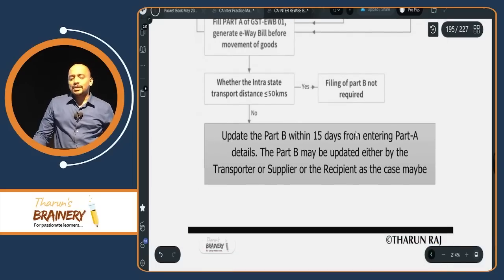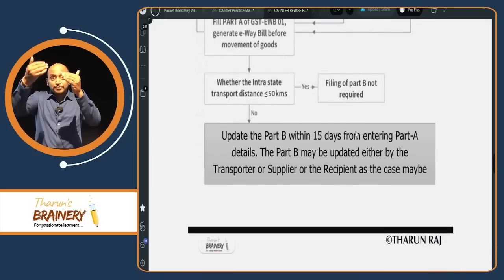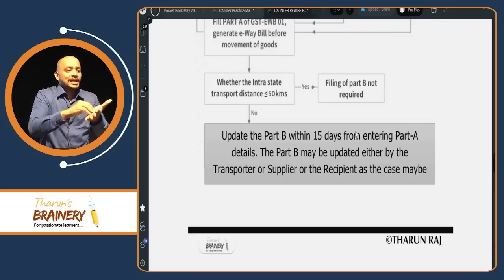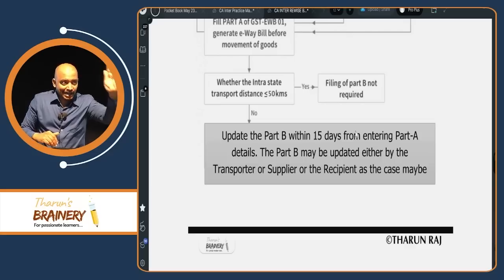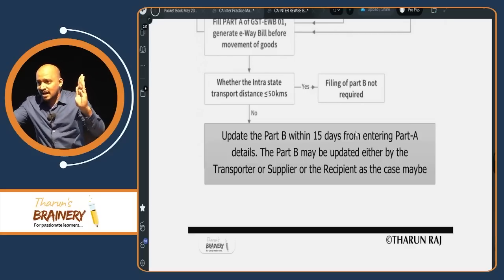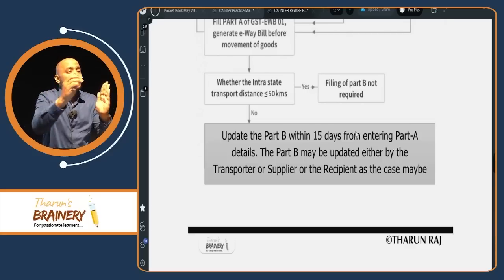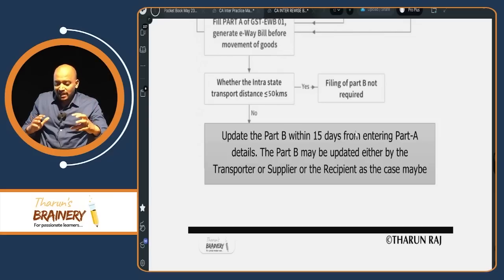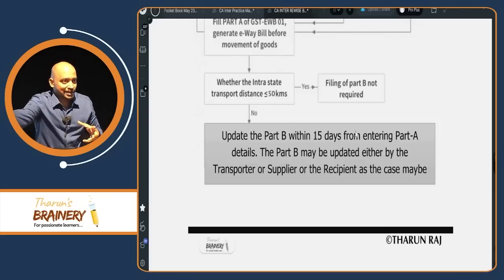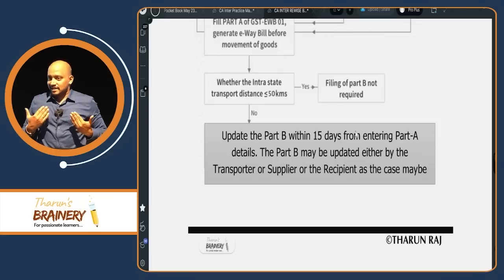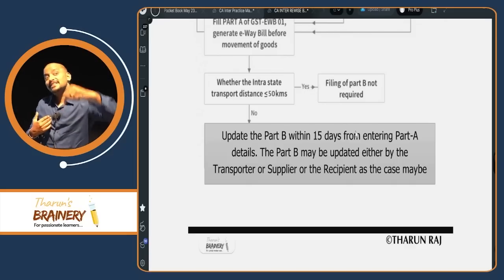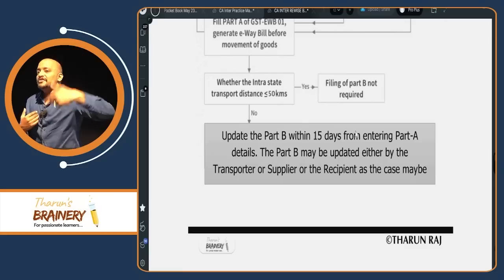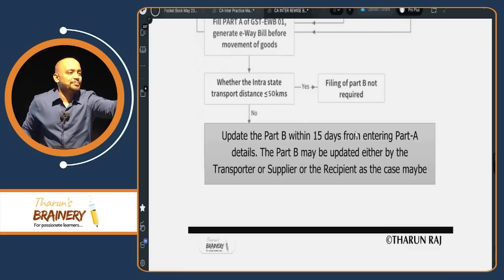And what is the time limit within which Part B, that is the vehicle number, we need to update? From the time we updated Part A, within 15 days, we need to enter Part B. You know what it means? Once we hand over the goods to the transporter, seller completed Part A. Now the transporter should start transporting the goods within 15 days because he needs to enter Part B now.